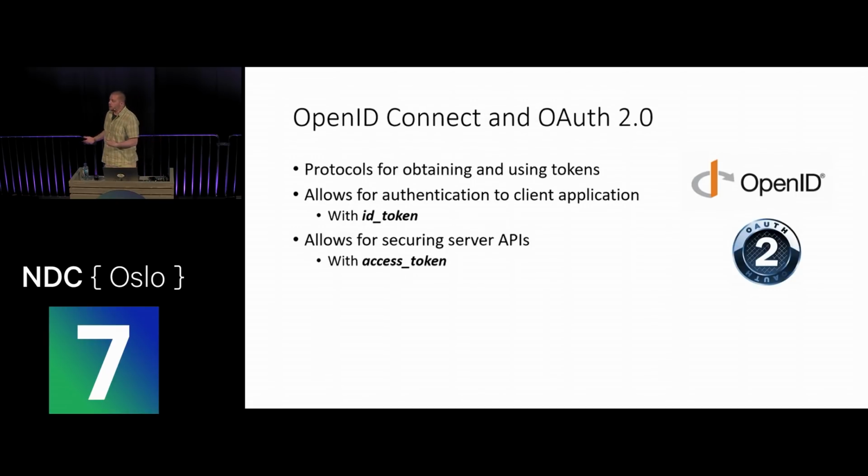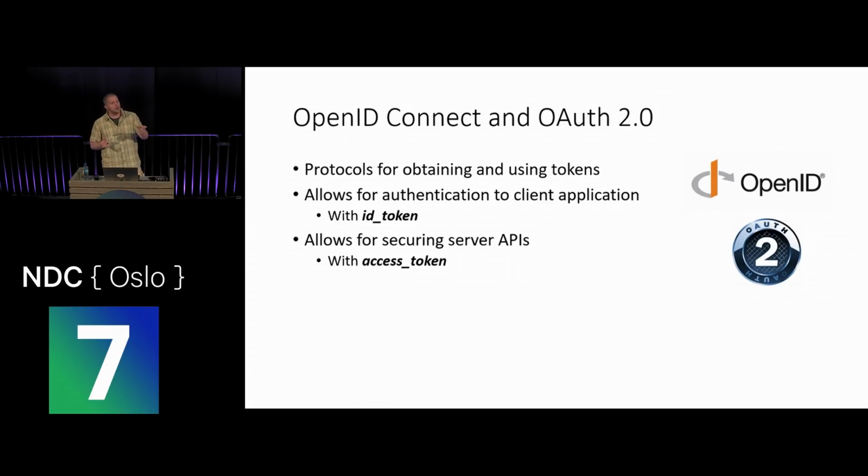So how do we get these tokens? Well, guess what? There are some protocols for that. There are a couple of protocols, OpenID Connect and OAuth 2. OpenID Connect is built on top of OAuth 2, so you typically are using them at the same time. And basically the design of these protocols is you actually get 2 tokens. One token is meant to be used to call the API, and that's something called an access token.